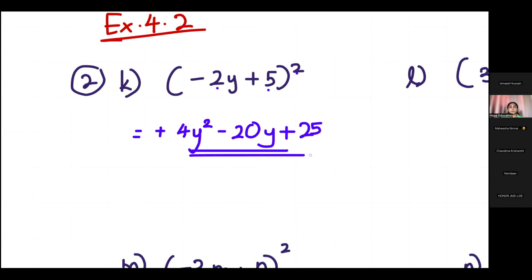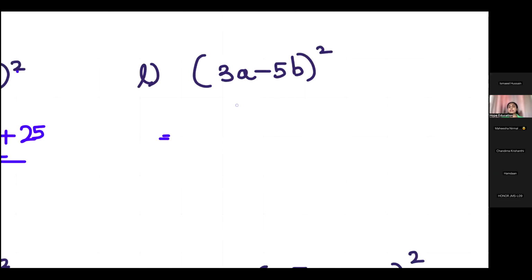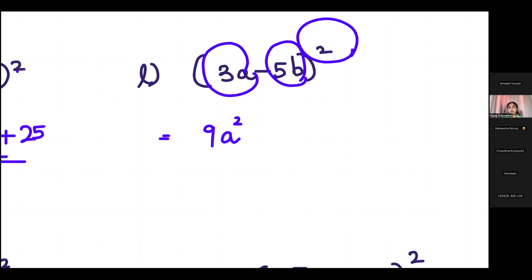Okay, then this one. First term squared. First term is 3a. Square of 3a is 3 times 3, 9, a times a is a squared. Then first term multiplied by second term multiplied by 2. 3 times 5 is 15, 15 times 2 is 30. Letters are a and b, so I put ab.